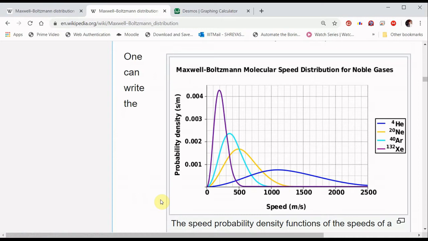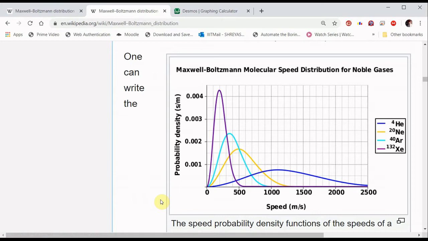I wanted to calculate what is the probability that this specific argon particle has a speed of 200 meters per second. Now just think about this logically.